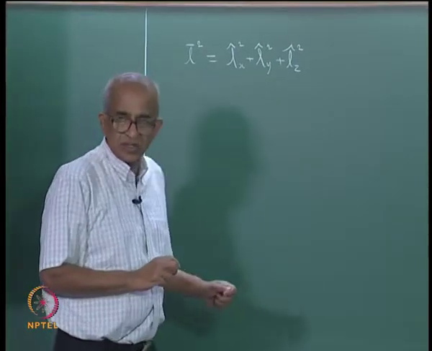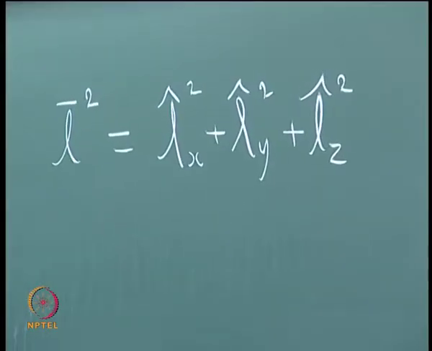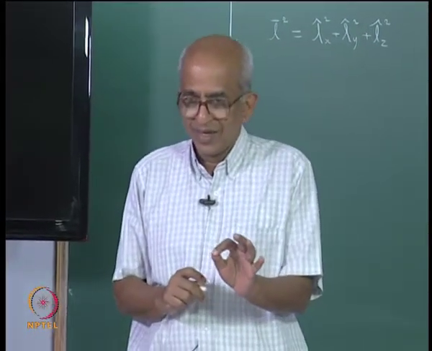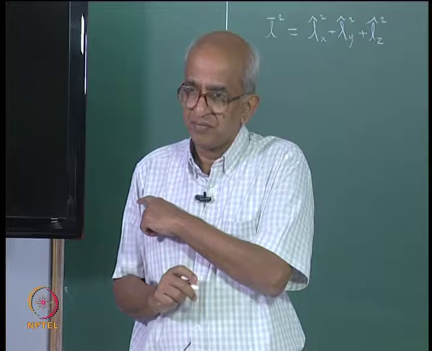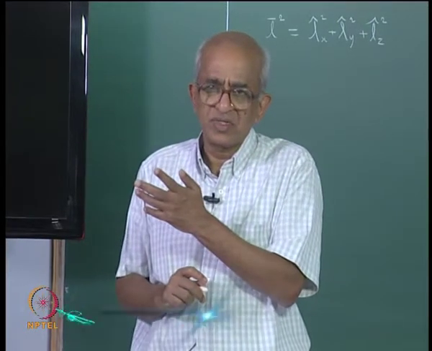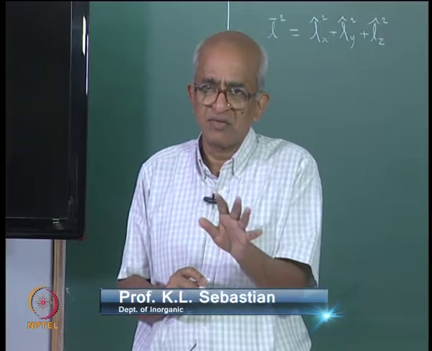This is L square, and I will now show that Lz commutes with this, right. But if Lz commutes with this, what would you expect for Lx and Ly?